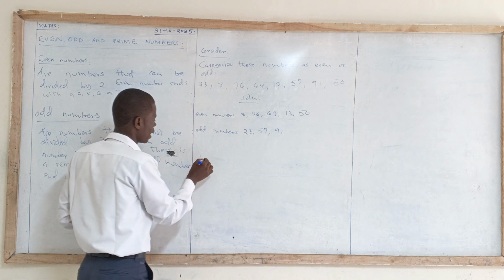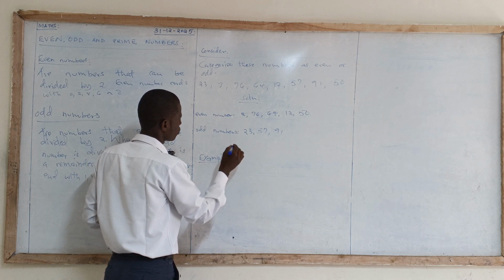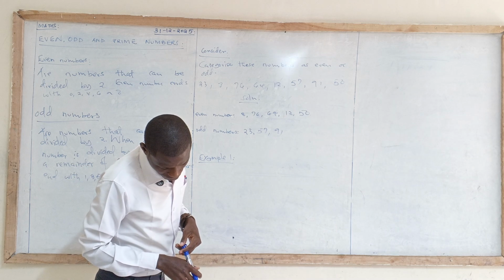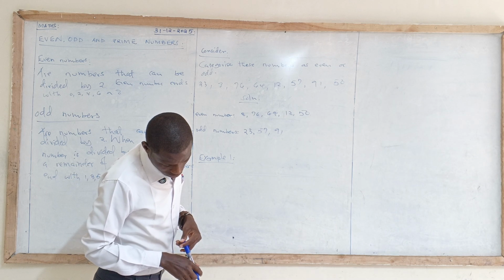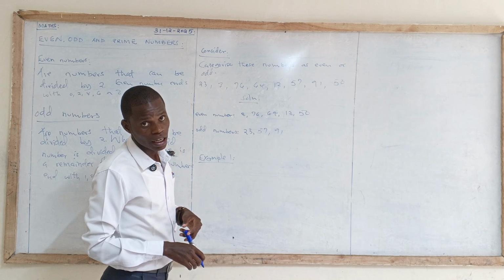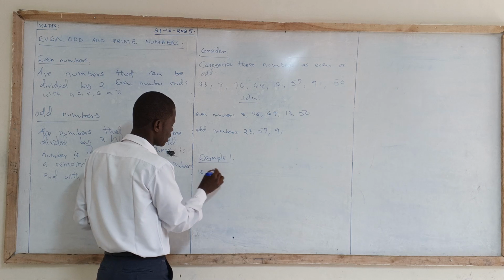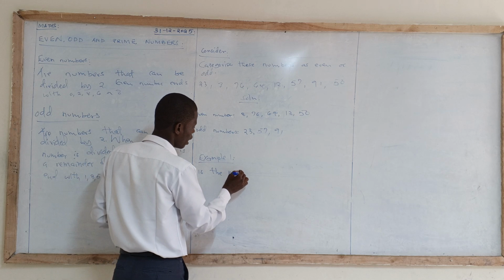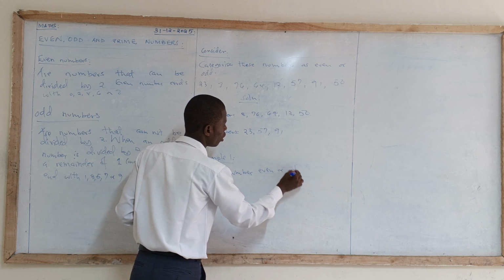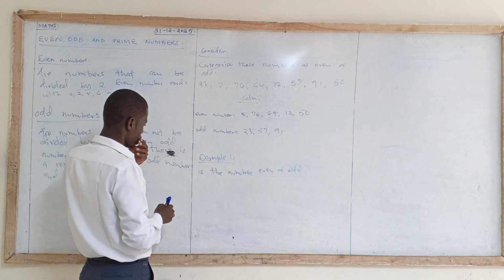Now, we have categorized this. Let us look at Example 1. We are being told, is the number even or odd? So the question reads, is the number even or odd?